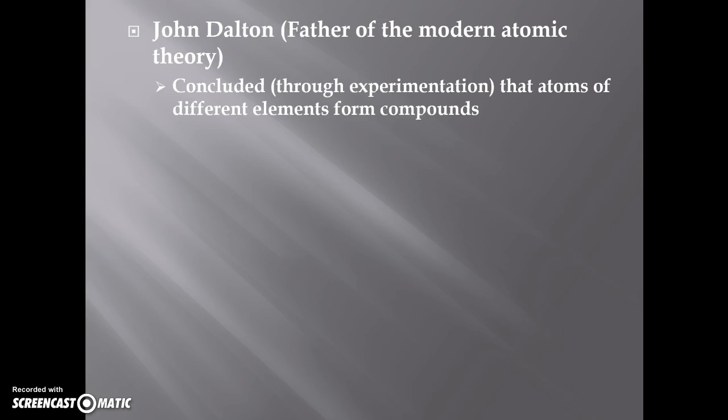By this point in time, the scientific revolution had begun, and he concluded through experimentation that atoms of different elements form compounds, which was a new idea. Before it was kind of matter is matter is matter, and one piece of matter is the same as other pieces of matter. And he was really the one to come along and say, no, that's not the case.